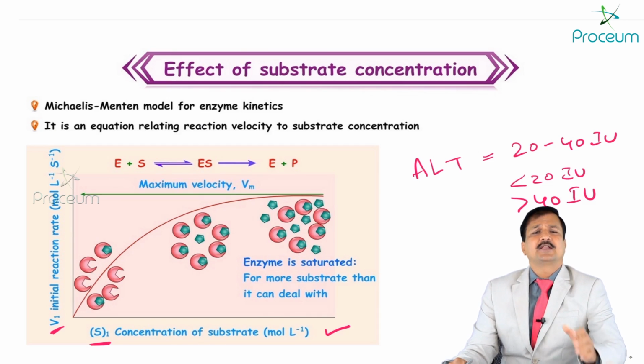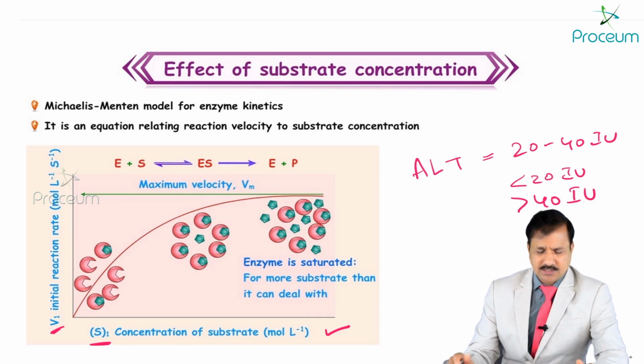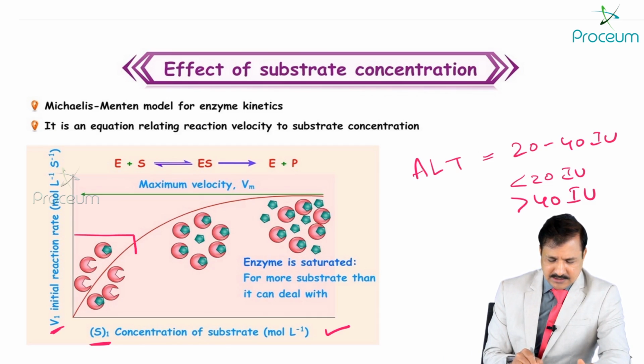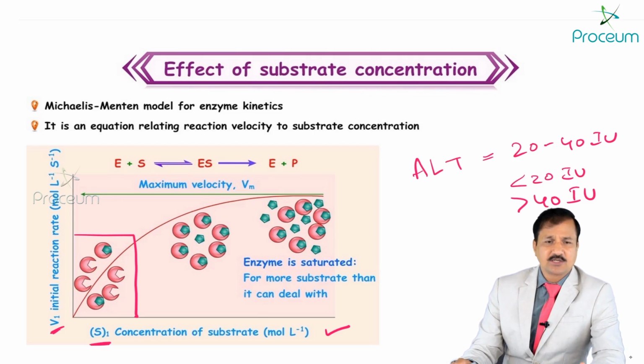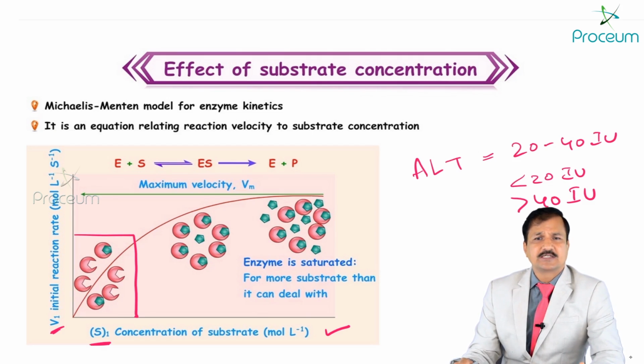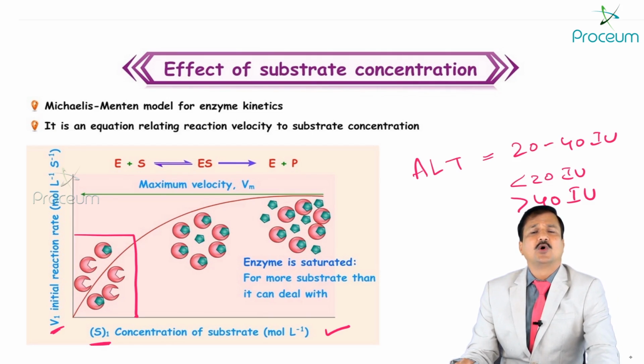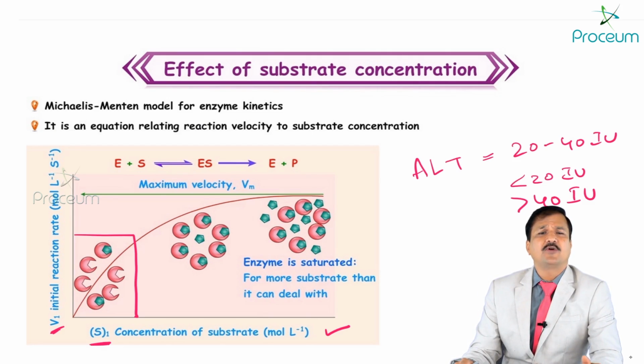Now let's see in the initial substrate concentration how an enzyme will react. In the initial substrate concentration, we have 6 enzymes but only 2 substrates. That's the low substrate concentration. We have plenty of enzymes, and there are 6 active sites at least in the figure here.